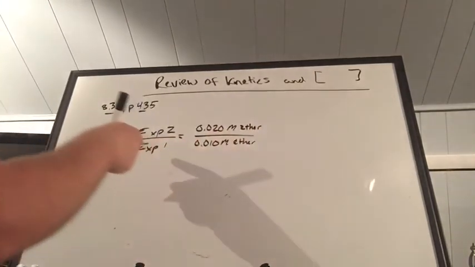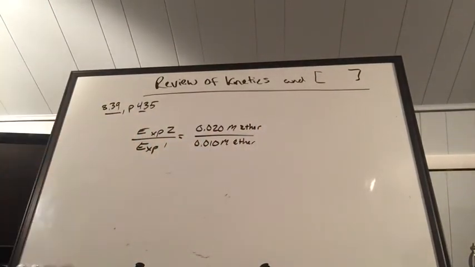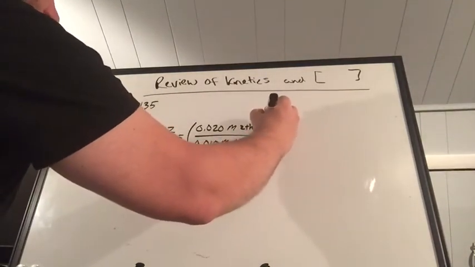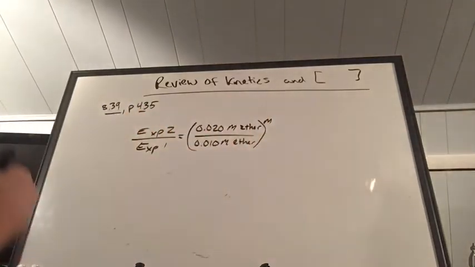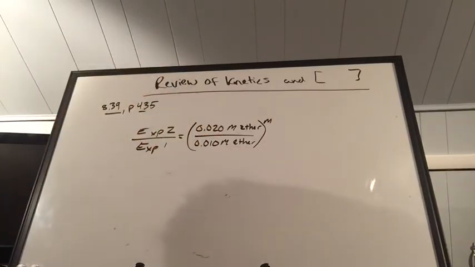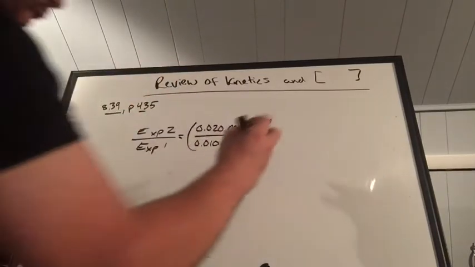Between experiment 1 and experiment 2, you've doubled that concentration of ether. And we need to figure out what that particular exponent is going to be, so we'll put m here. Not to confuse you, that's not the molarity. Water is going to be fixed.